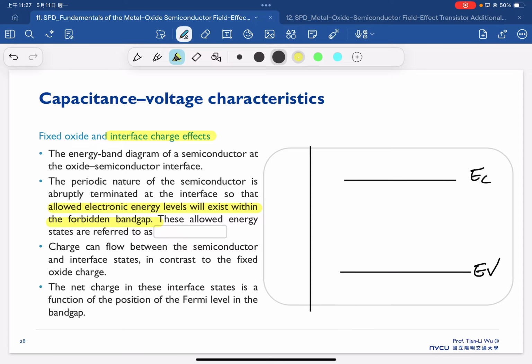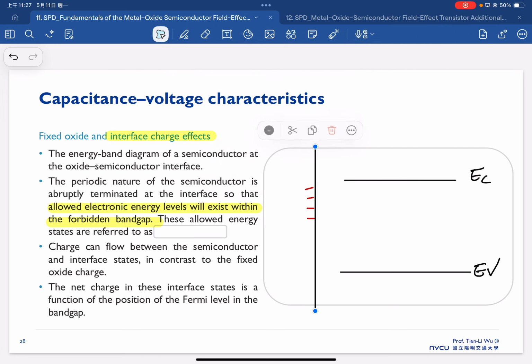When we talked previously about metal-semiconductor contacts, we already mentioned that it is possible to have allowed electronic interface states here.